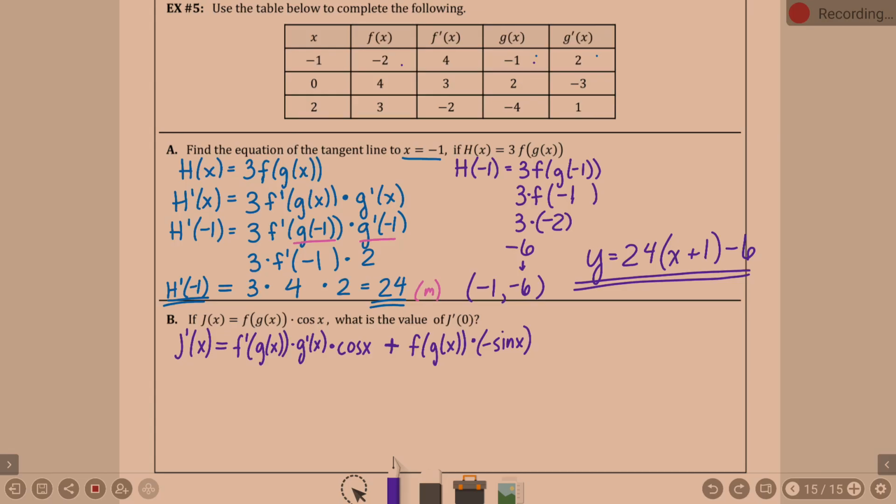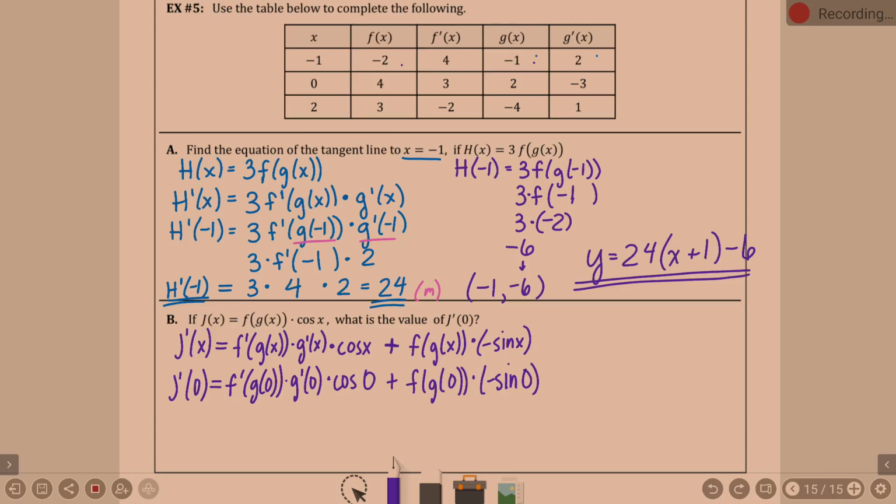Now, we've got that written out. There's not a ton of cleanup, so I'd go ahead and plug in our 0. Every place you see an x, let's put a 0 and then we can work on it. Okay.